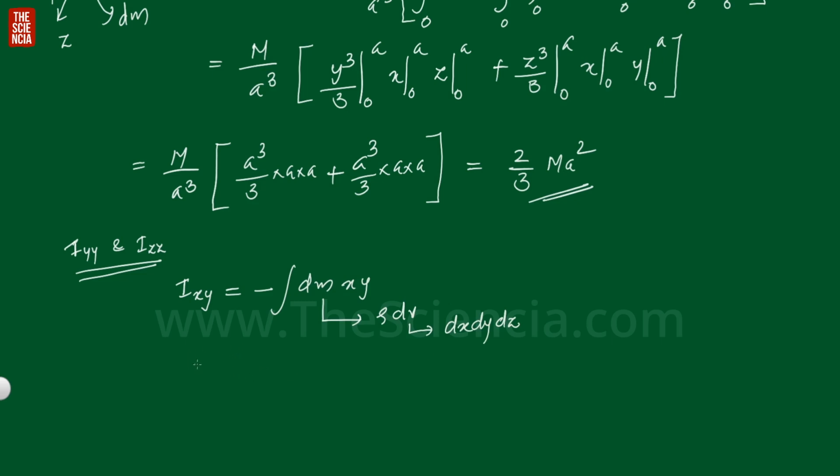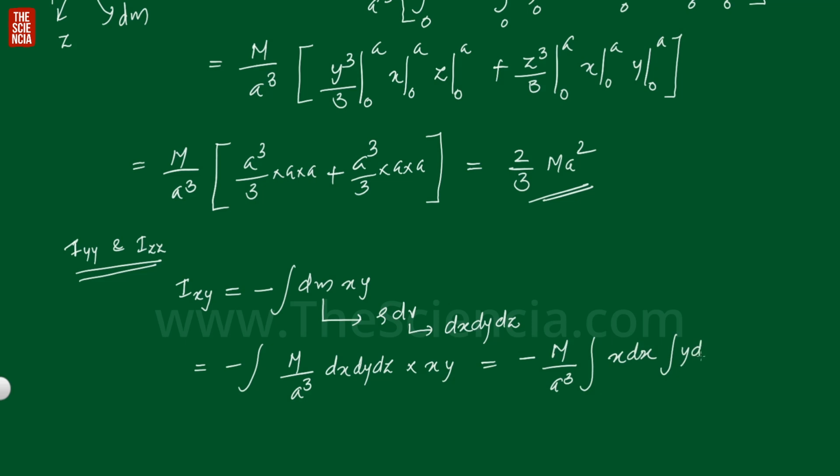So this will be equal to minus the integral of m by a cube into dx dy dz into xy. We can take the constants outside: minus m by a cube, integral x dx, integral y dy, integral dz. Here the limits are 0 to a, 0 to a, 0 to a.